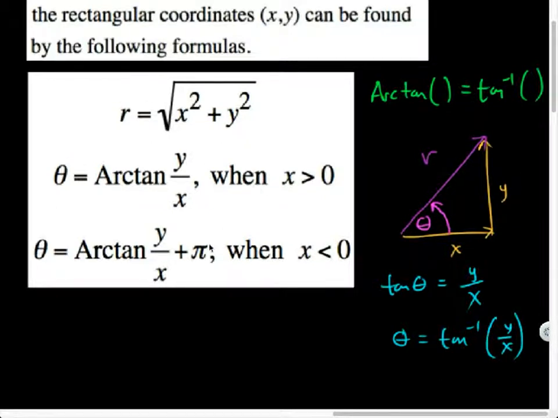And now, I actually considered not including this whole pi thing going on. You'll be okay as long as you know how to do reference angles. You don't have to worry about any of this pi stuff. If you want to just memorize a formula and use it, this formula works great. If x is positive, then you just do this. If x is negative, then you just have to add pi to whatever your answer is, or 180 degrees if you're working with degrees.